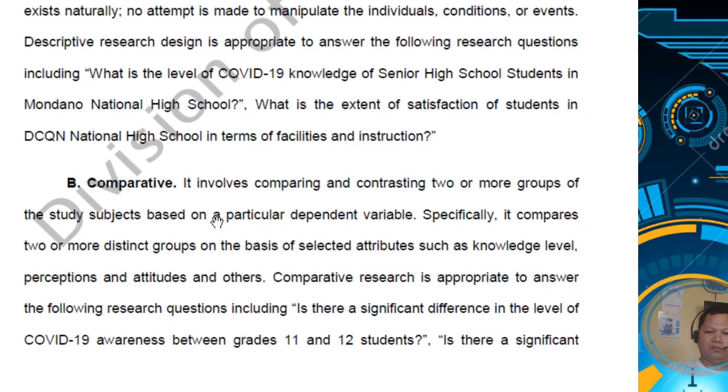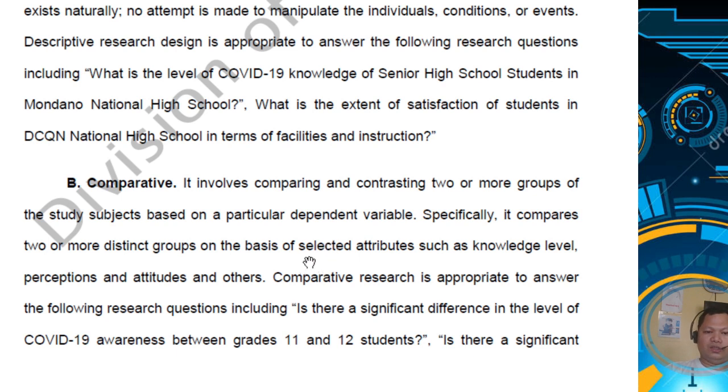Then let's have comparative research. It involves comparing and contrasting two or more groups, the study subjects, based on a particular dependent variable. Specifically, it compares two or more distinct groups on the basis of selected attributes such as knowledge level.